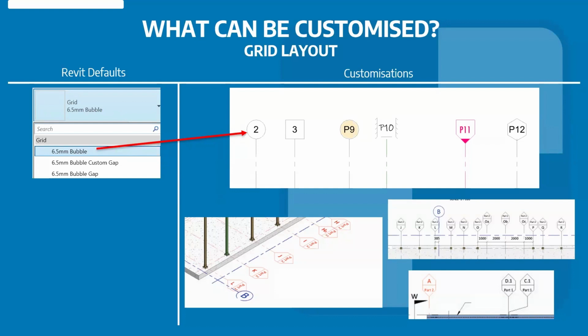You have some architectural grid and you want to also establish some structural grid at the same time, but you may need a different graphic because you don't want the structural grid to clash with the architect's grid. Another level of customization is possible when you put a custom parameter on the grid head, shown over here, and you can put the name like part 2 of the structure or any part of the structure you're talking about.